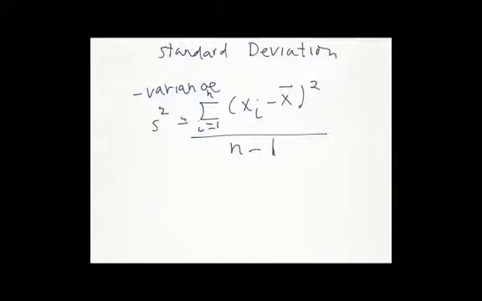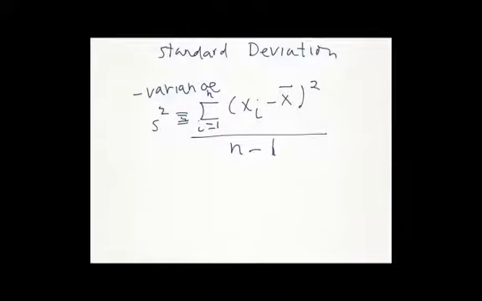Okay, and you might be wondering why it's n minus 1 instead of just n, but we won't get into the particulars of that here. It's to produce an unbiased estimate of the variance, and we'll talk about what it means to be unbiased a little later. But this is the formula for variance.